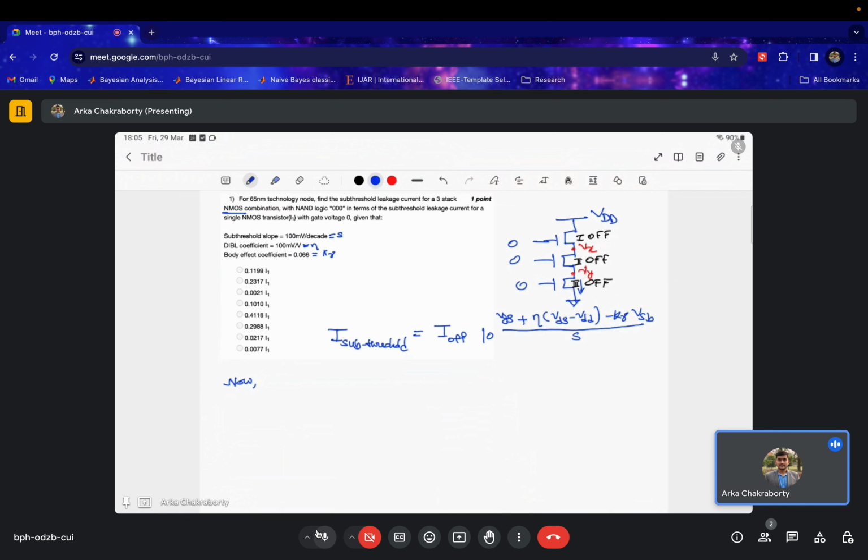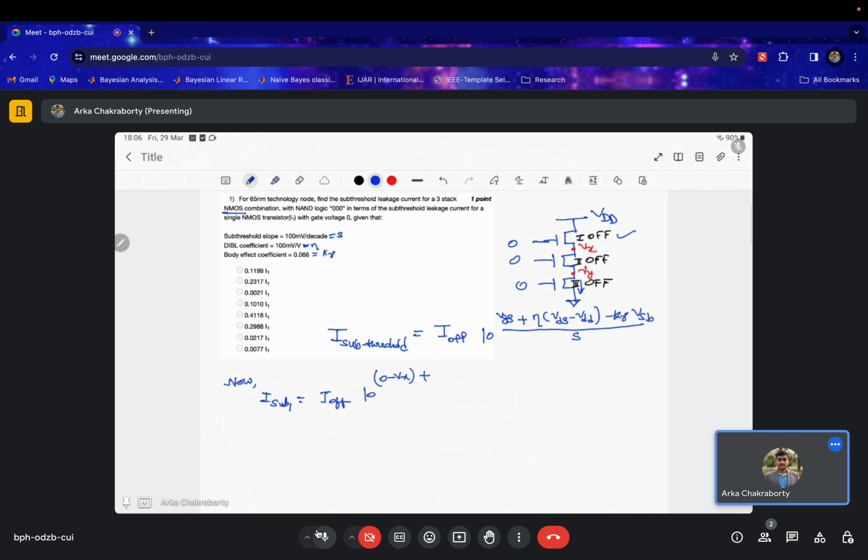For transistor 1, let me call the subthreshold current I sub 1. It would be I of into 10 to the power Vgs. G is 0, S is Vx, so Vgs is 0 minus Vx, plus eta.